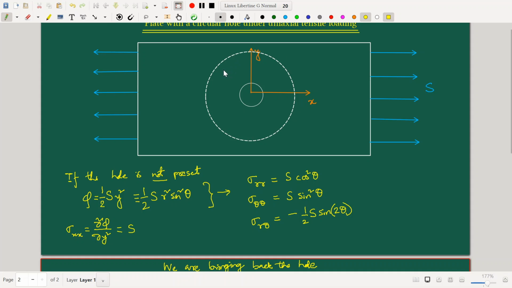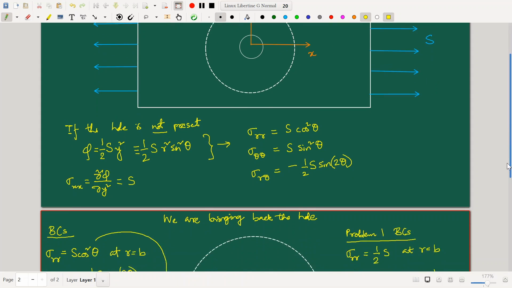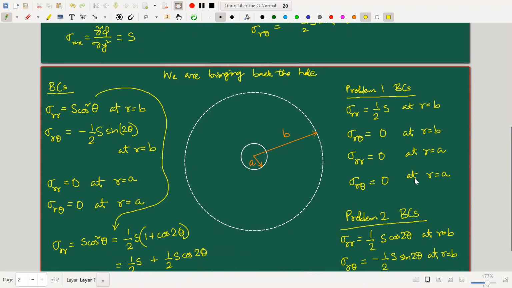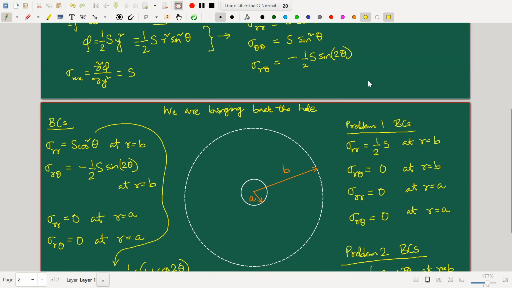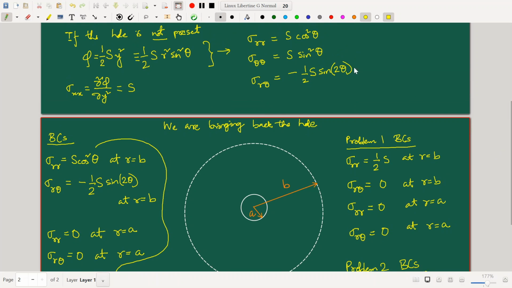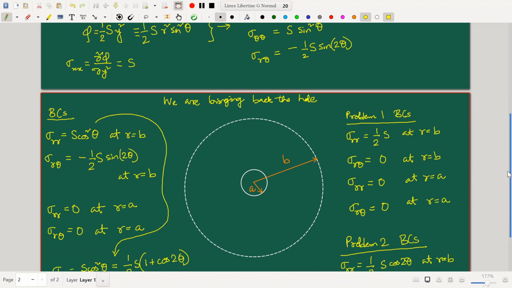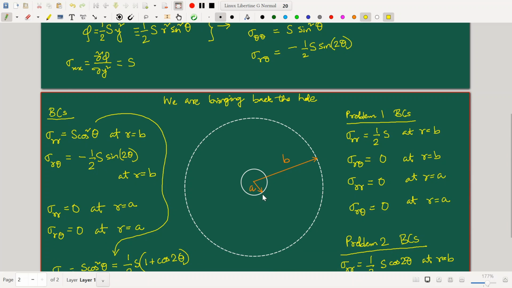Because we can think of it like that, we forget the original problem and recast it in the form of this problem, where this is a large circular domain within which there is a concentric hole, and all over this boundary we have the same stress components present as the boundary conditions, the same stress components that we found on the first page. Now we respect that around the hole there are the traction free conditions given by sigma rr equal to 0 and sigma r theta equal to 0.